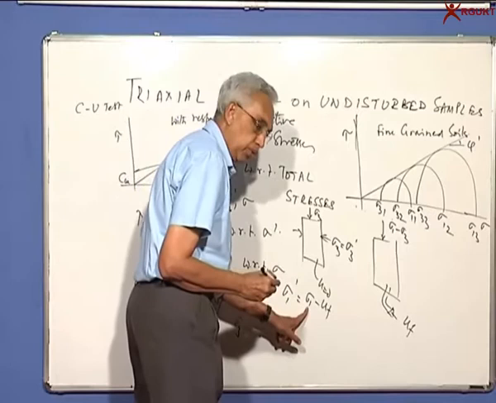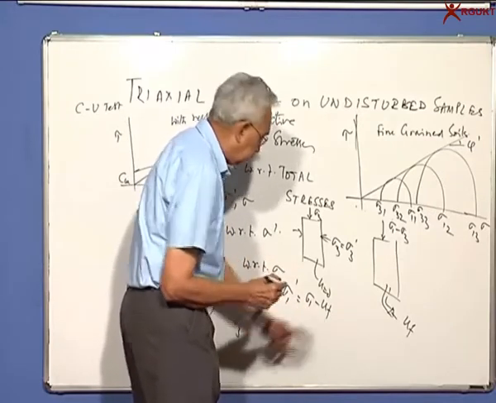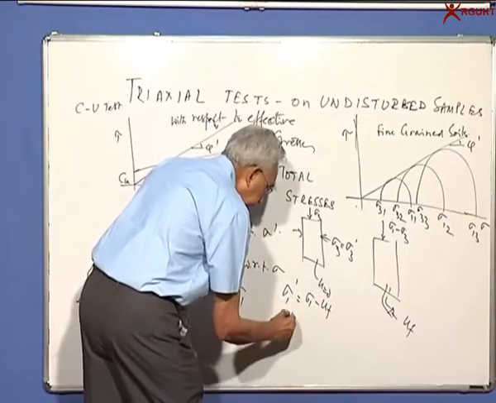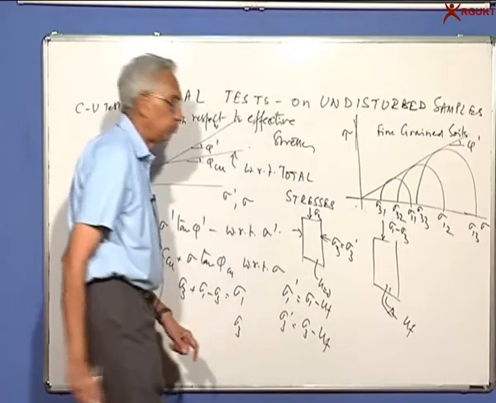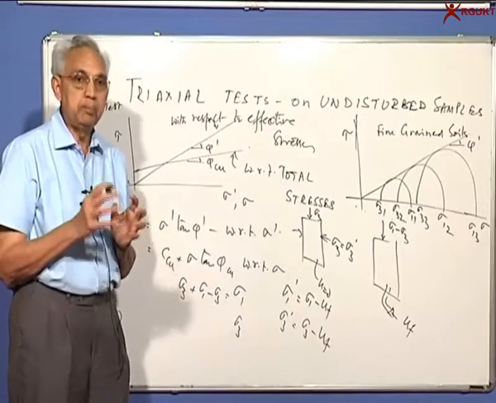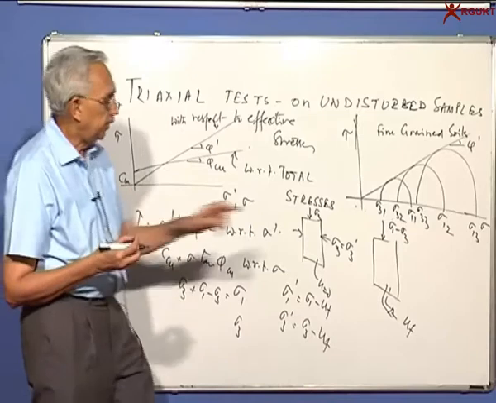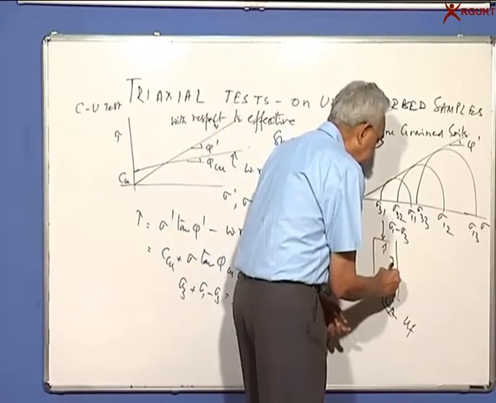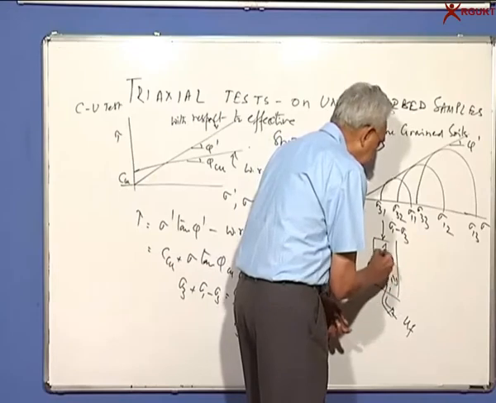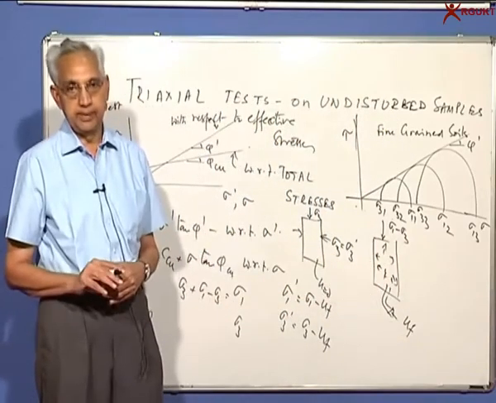This is the total vertical or major principal stress minus the pore pressure, and sigma 3 prime is equal to sigma 3 minus u_f. Please remember, pore pressures are hydrostatic. So no matter what direction you apply the force, this pore pressure is acting in all directions. So whatever pore pressure is there, it will reduce the effective stress.